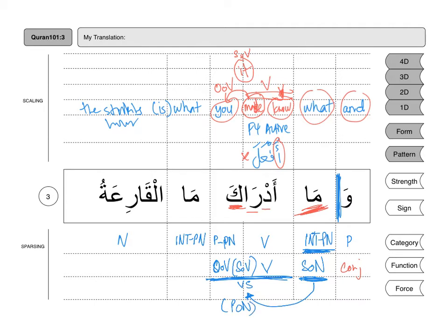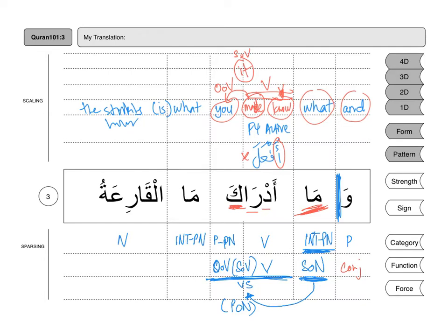Okay, a bit confusing if you are new to this structure, but if you just dissect it, you will see how this goes.